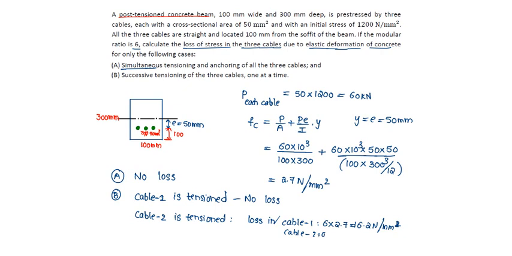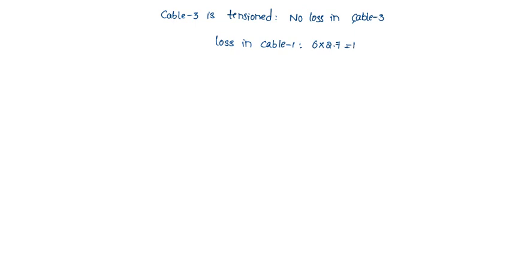Whereas when the third cable is tensioned, that is cable 3 is tensioned, no loss in cable 3, but loss in cable 1 will be equal to alpha into Fc, that is 6 into Fc, 2.7, that is equal to 16.2 Newton per mm square.